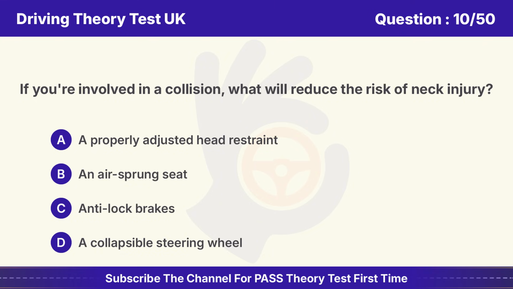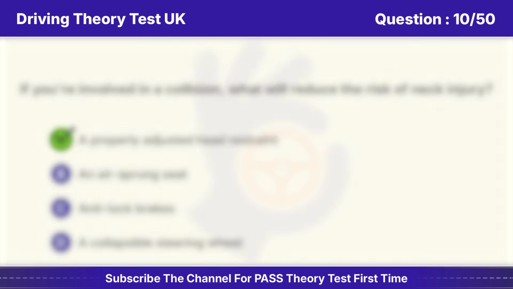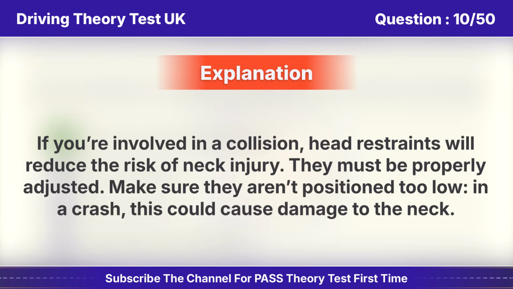If you're involved in a collision, what will reduce the risk of neck injury? Answer is A. A properly adjusted head restraint. If you're involved in a collision, head restraints will reduce the risk of neck injury. They must be properly adjusted. Make sure they aren't positioned too low. In a crash, this could cause damage to the neck.